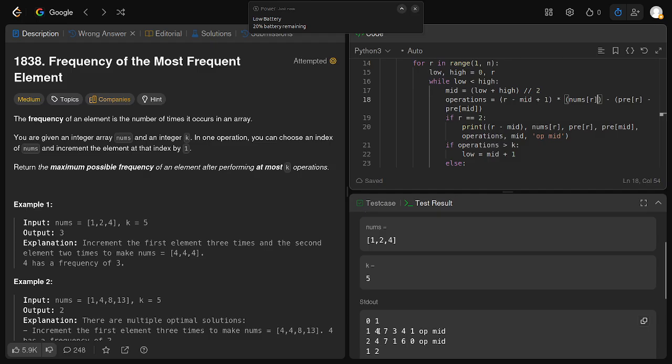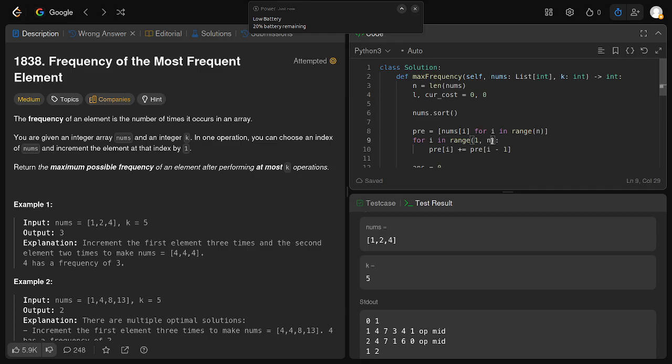R minus mid, nums[R] is 4, so there are 2 elements, right? Sum is 7, and we want to subtract mid minus 1, that's why.